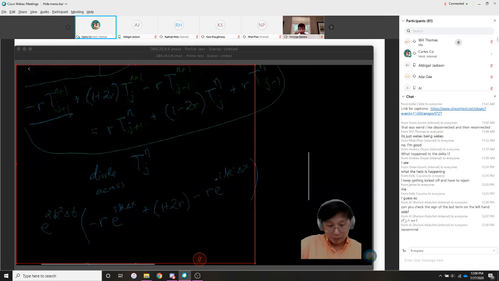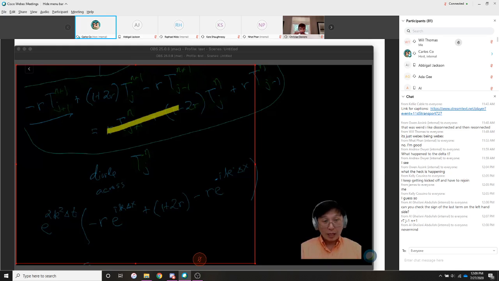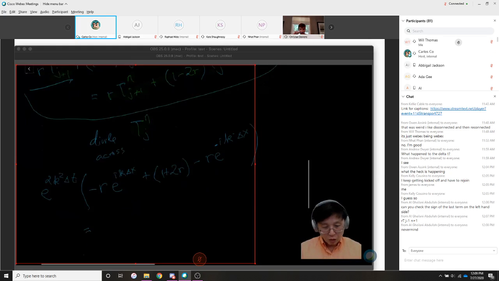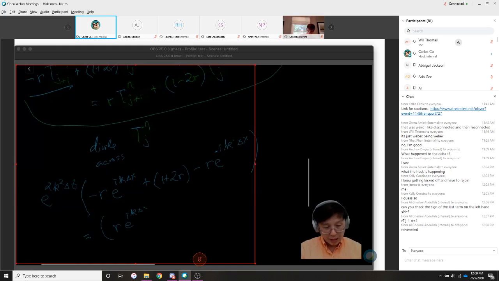Now notice all of these terms here are at the present time n, right? So the exponential minus alpha k squared, that term is already part of the previous time level, and that factors out. So all of these terms on this side only have the wave number correction, right? Okay. So let's put that in. That's going to be equal to r exponential I k delta x, right?